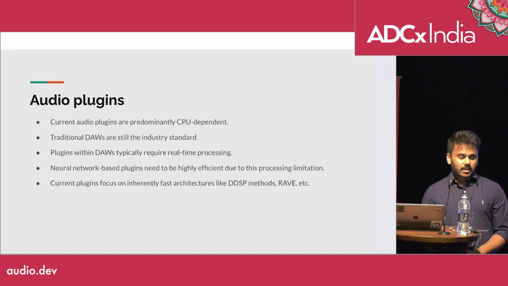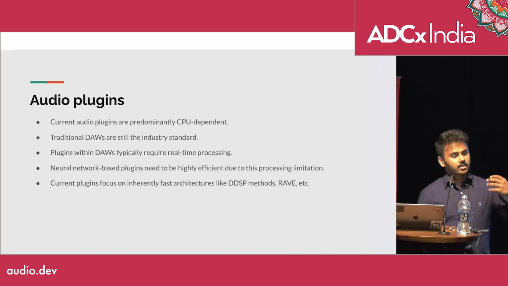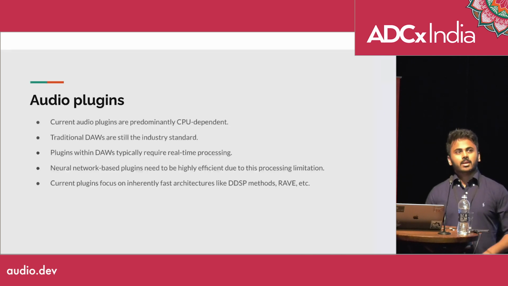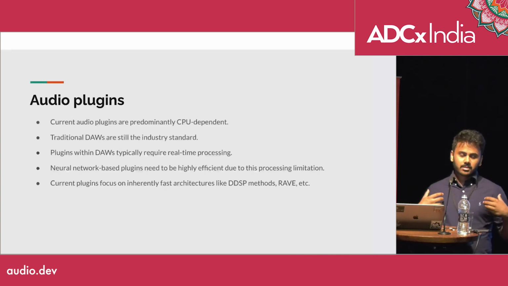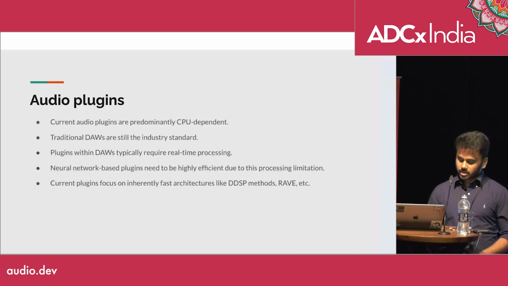And then the traditional DAWs are still the industry standard. What I mean by that is that even though there are improvements in machine learning in the audio plugin domain, the current DAWs don't really take advantage of that. So if you're building something, you need to consider the existing ecosystem.